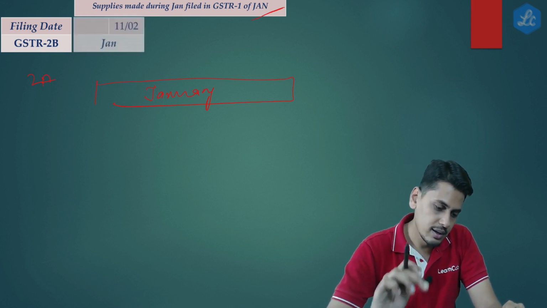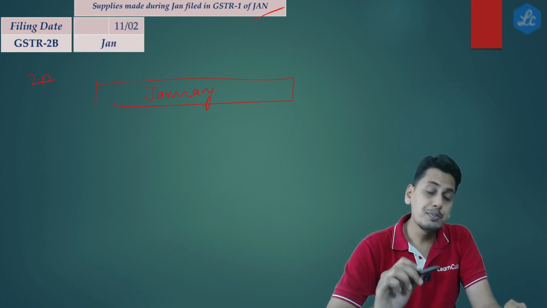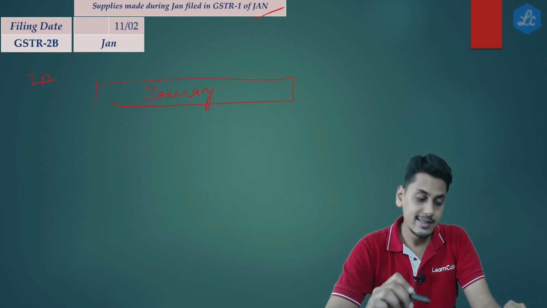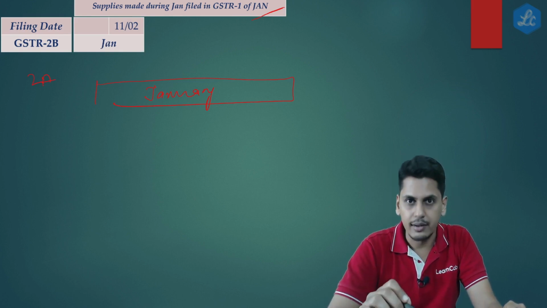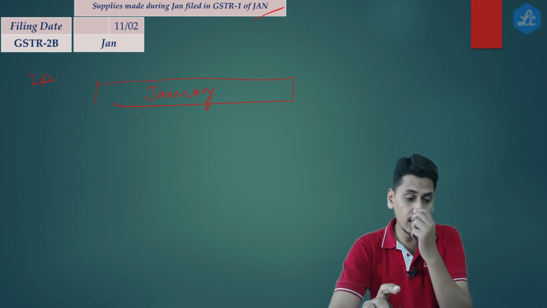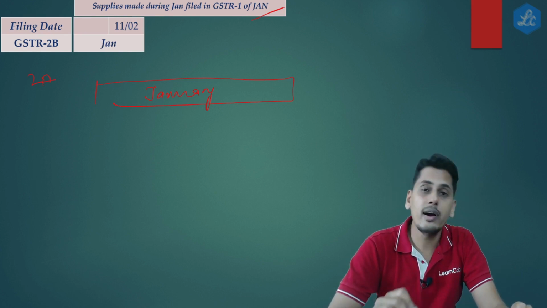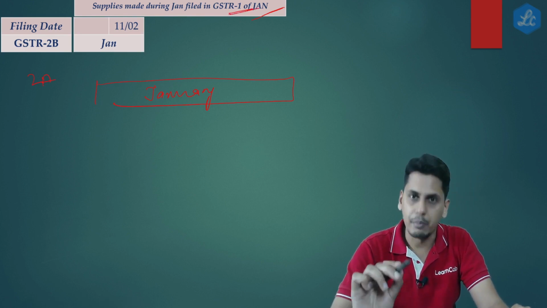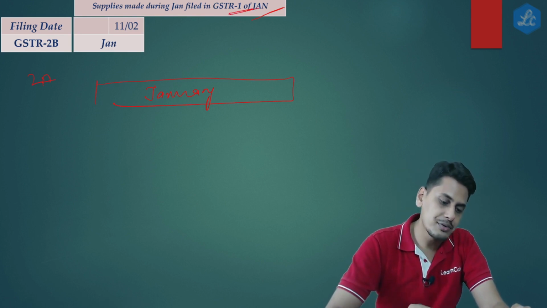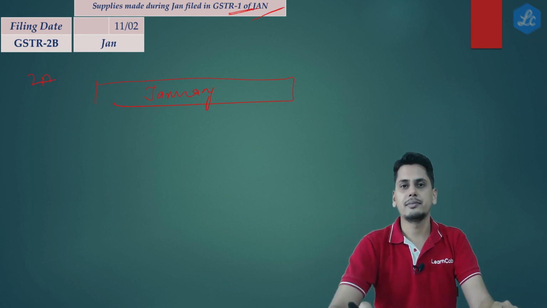Now friends, let's say this particular invoice is included in GSTR 1 of January, but this GSTR 1 is filed by 11th of February.